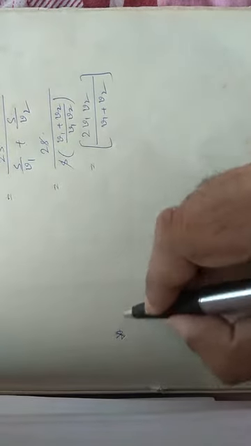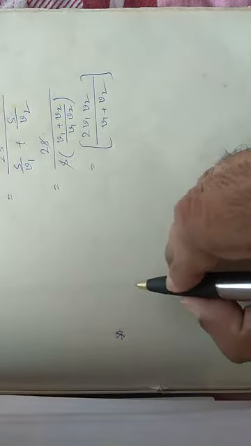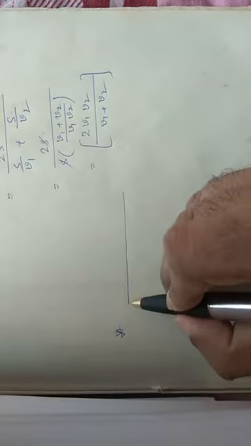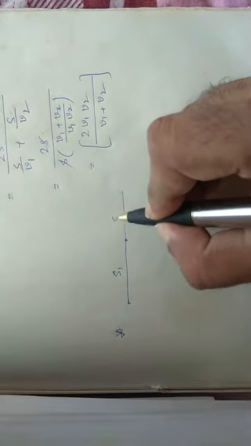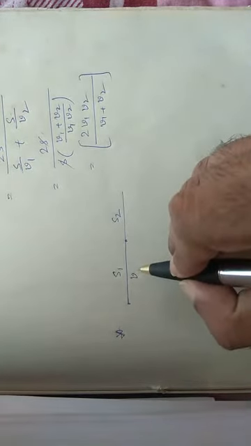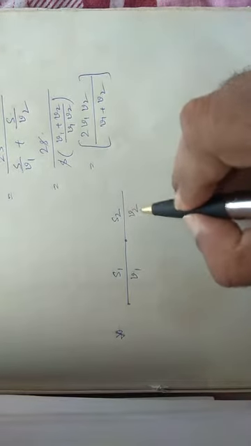Now another example: if a body covers unequal distances in equal intervals of time, speed is v1 here, speed here is v2.